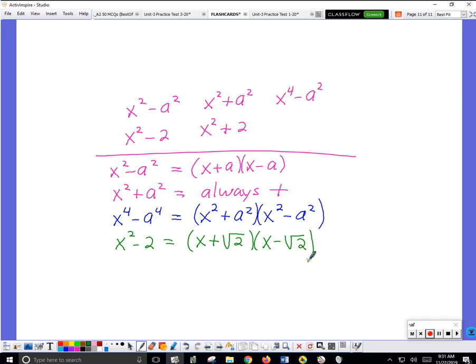And the last one does not factor. So x squared plus 2 is again always positive. I've seen other kinds of expressions on the AP test, but I don't think I've ever seen anything that doesn't fit one of those patterns. If you want more discussion, detail, help, here's a chance to catch up on your cards.